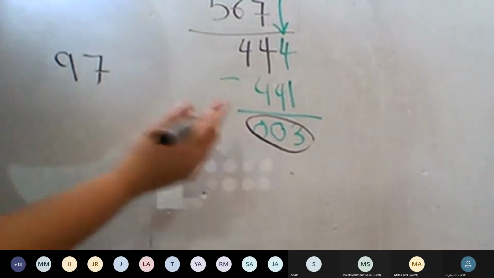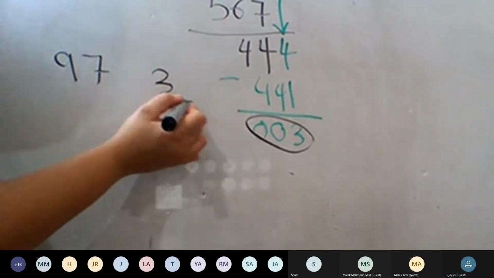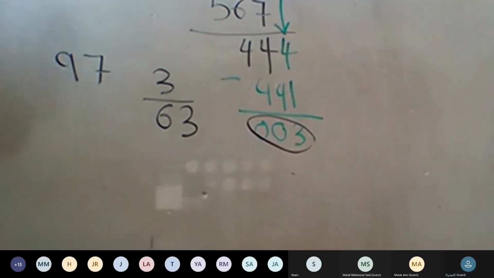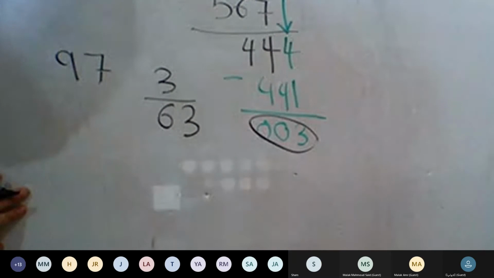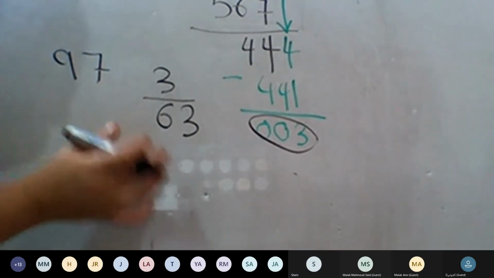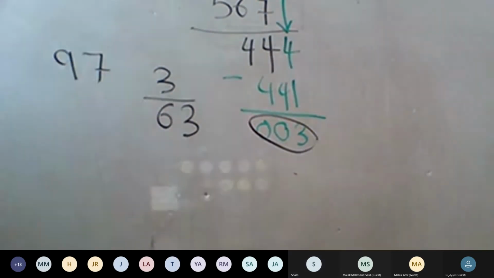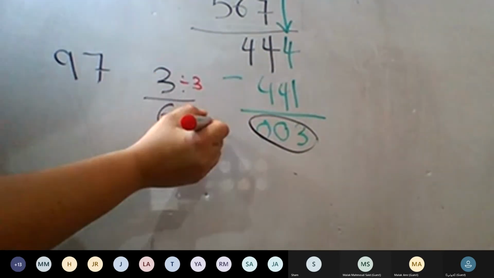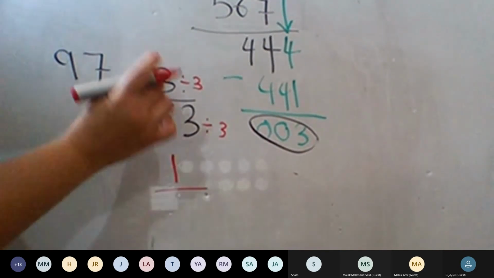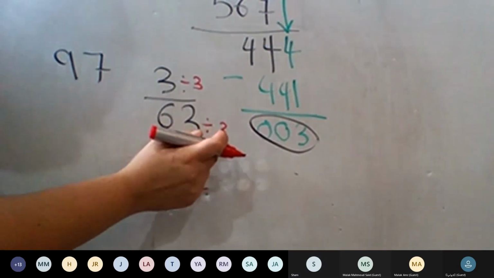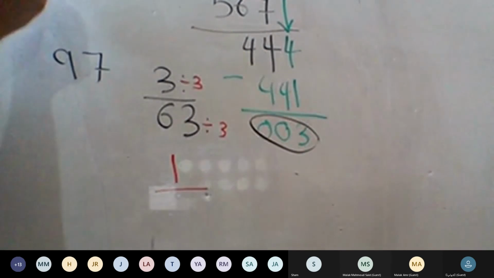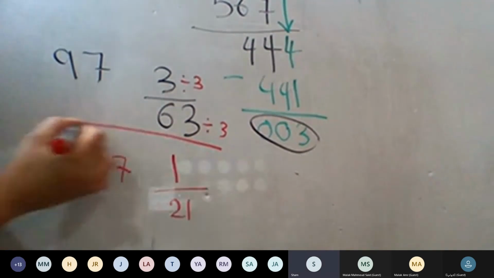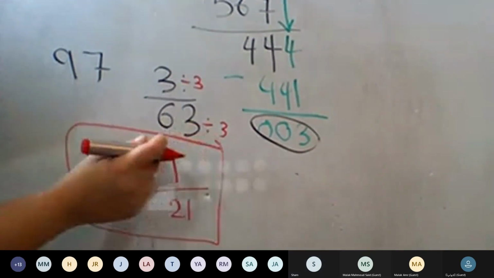Put it over the divisor. Then after that, you need to simplify. Divide by 3 up and by 3 down. 3 divided by 3 is 1. 63 divided by 3 is 21. So it will be 97 and 1 over 21.